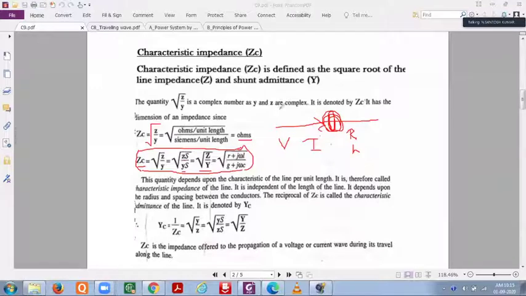And we have other lines parallel to that particular line, because we deal with a three-phase system, so all lines are running in parallel.